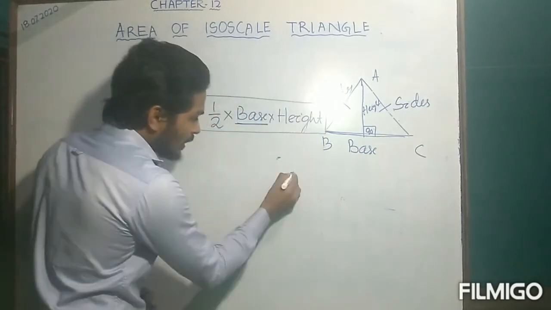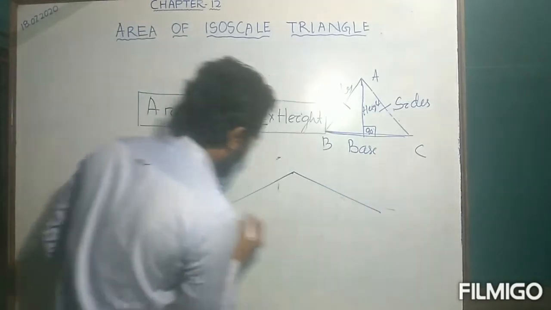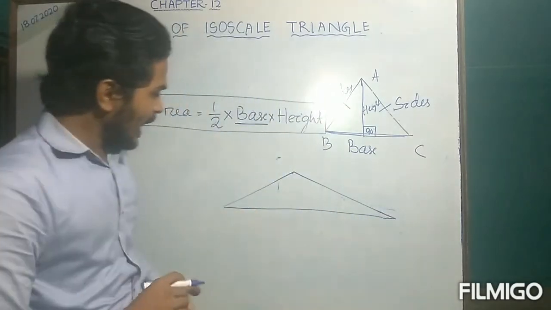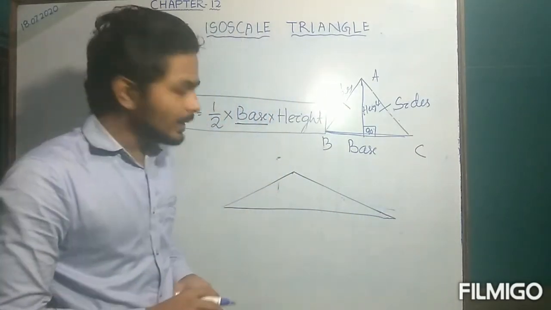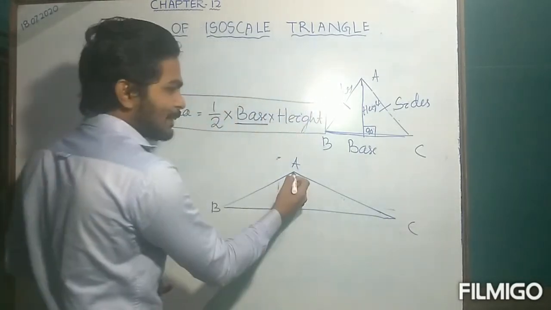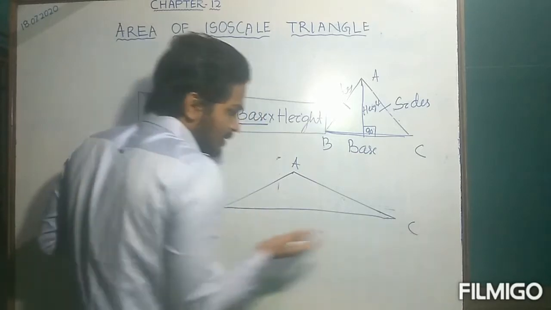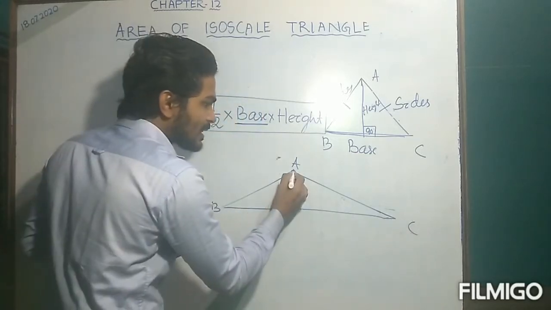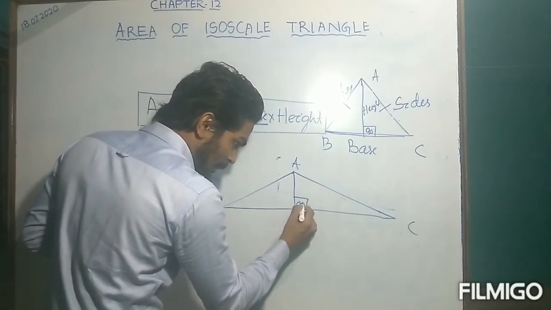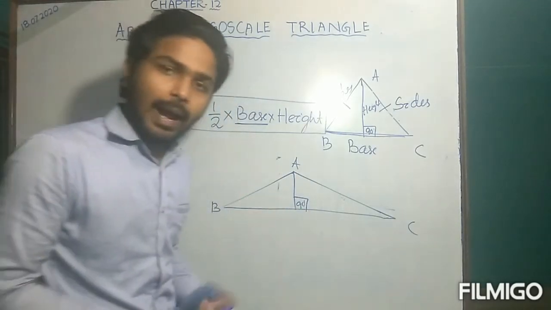Suppose I am drawing a triangle like this, and it asks us to find the height. Then what is the height? You have to first find the tip position. This is the tip position, this is the base position. So the perpendicular distance from the tip position to the base is known as the height.